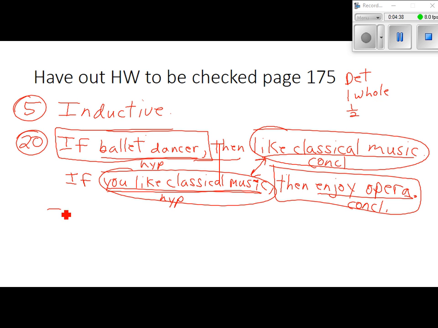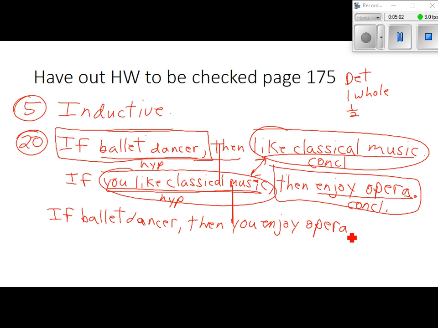So what's our new statement going to say? If you're a ballet dancer, then you enjoy opera. What do we know about that statement? Is it true or false? It's true.